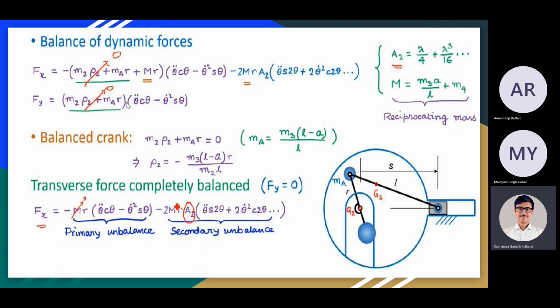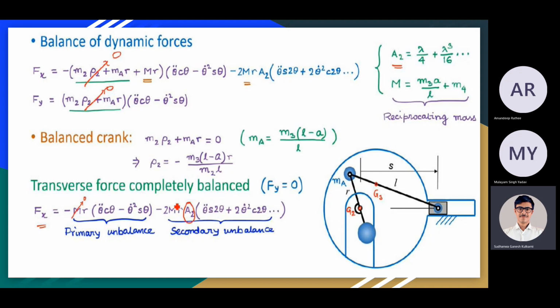Yeah, so in the next slide, as Amandeep told, we have three equations: two of forces, one in x direction, one in y direction, and the moment equation. So this is the equation of force in the x direction, the left hand side of the force equation.